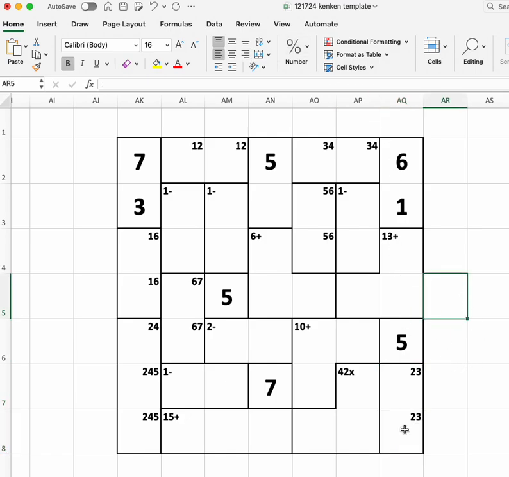And now, what are we missing in this column? We got the 1, 2, 3. We're missing the 4 and the 7. So these two are going to be 4 and 7. That adds up to 11, and you need 2 more to make 13. So this is a 2.